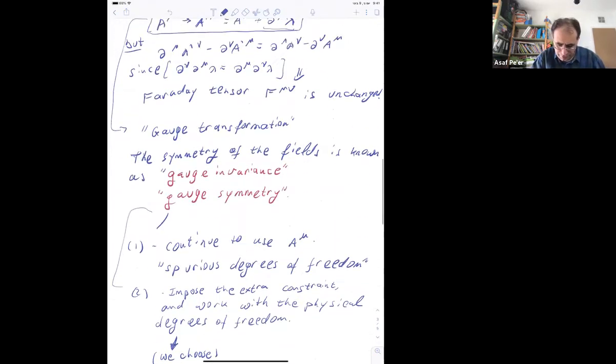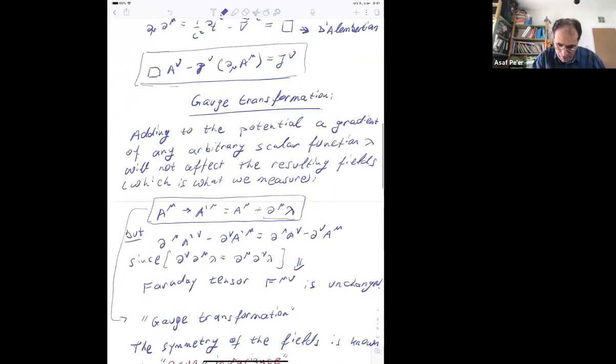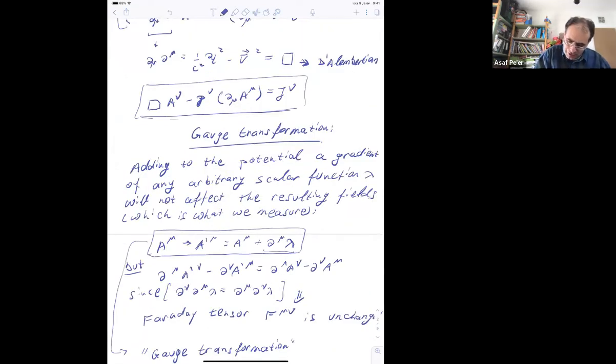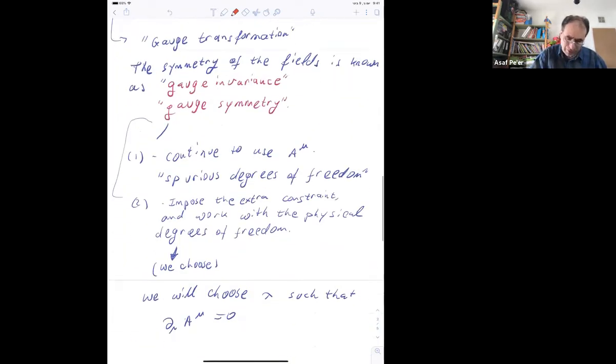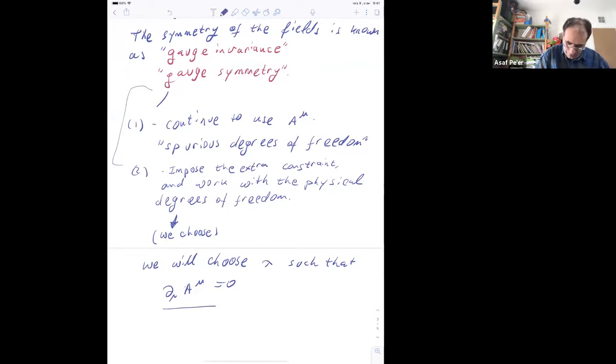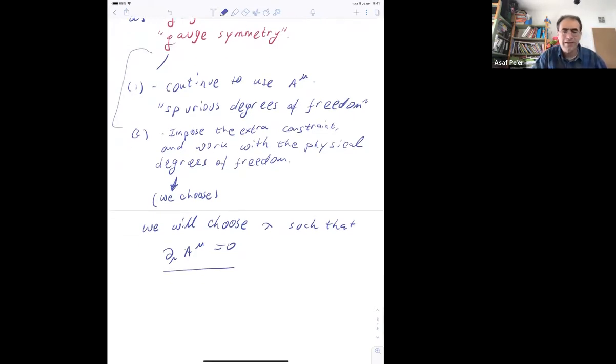We have this equation here, and we're going to choose lambda such as to get rid of the second term. So we're going to choose lambda to be such that d mu A mu is equal to 0. Such a choice of lambda has a name. This is called the Lorentz condition.